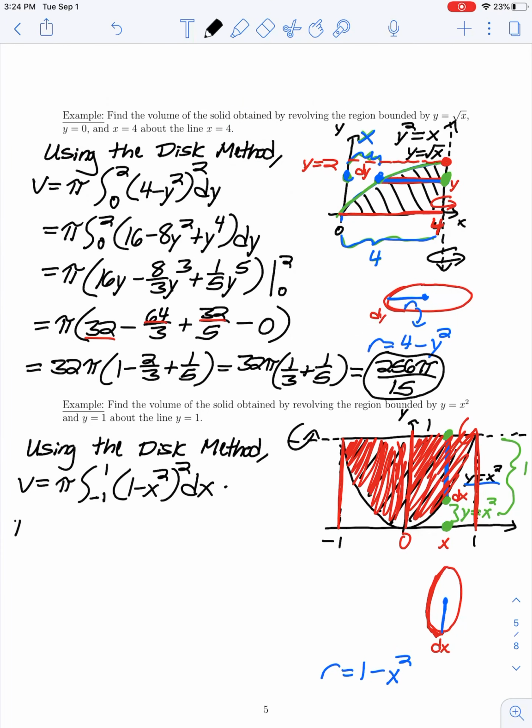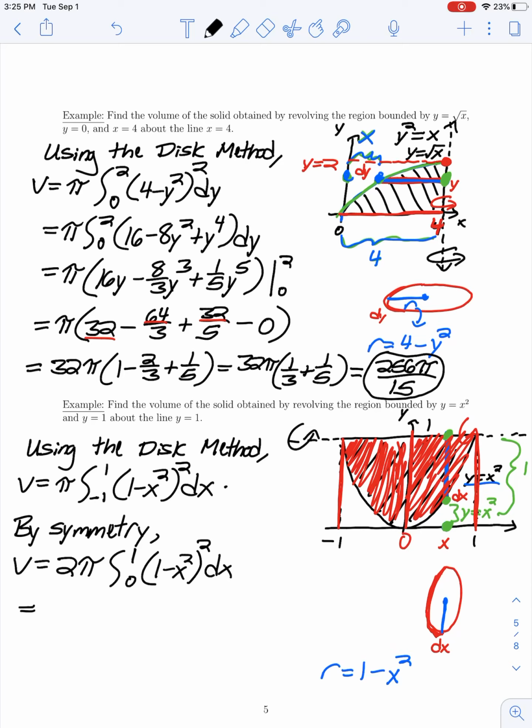So by symmetry, our volume V could be found by taking twice pi and integrating from 0 to 1 instead of from -1 to 1 the function 1 minus x squared, squared, with respect to x.